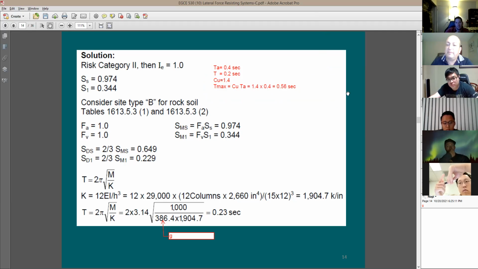So now my dynamic natural period is 0.2. The max is right here. Should I use the max or the actual value? If the accurate method gives me a natural period lower than the max, of course I'm going to be using this. So this is the answer. This is a value that you need to use.